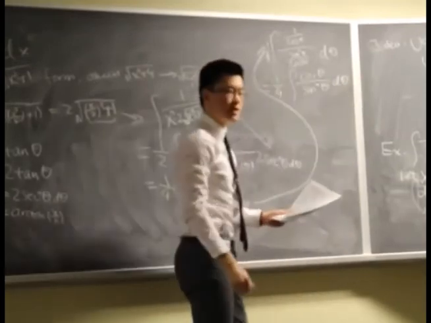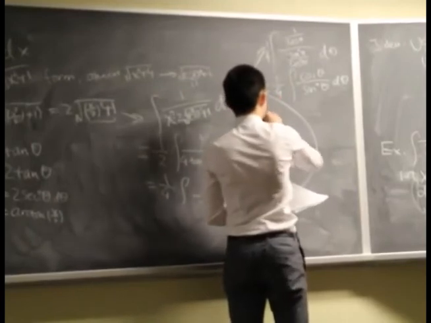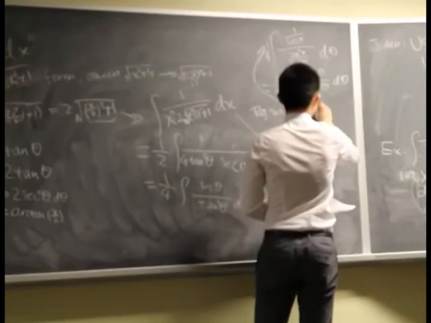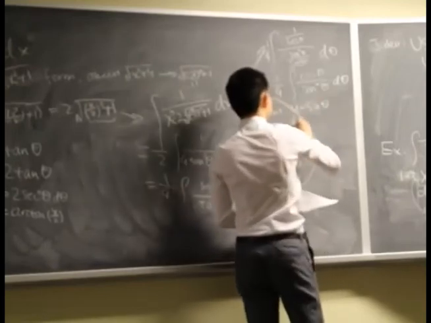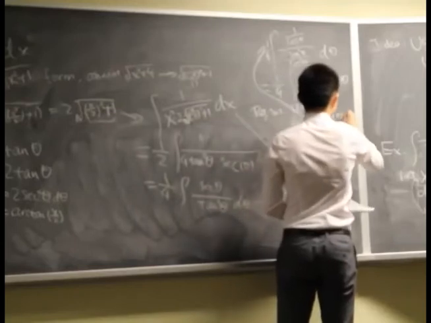You can probably see from this step now that we can apply our regular substitution again, where u is equivalent to sine theta and du is equivalent to cos theta d theta.